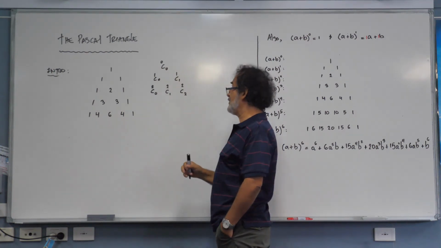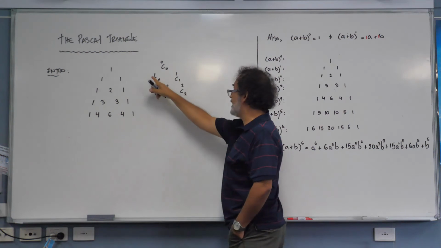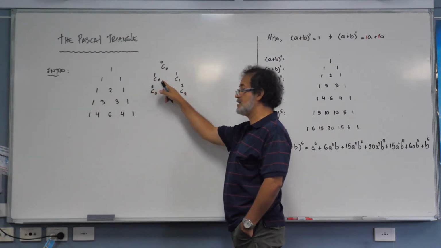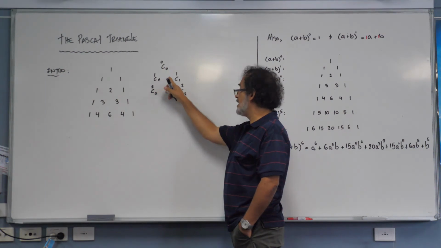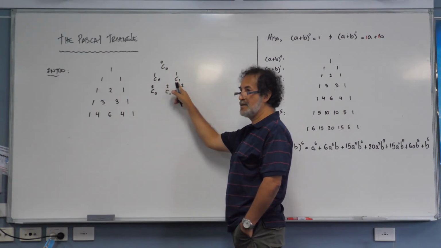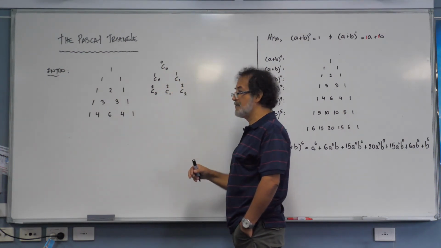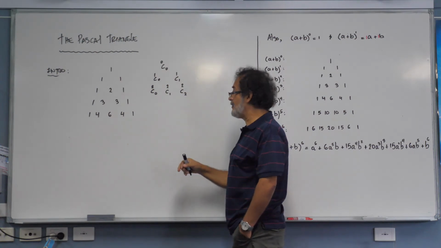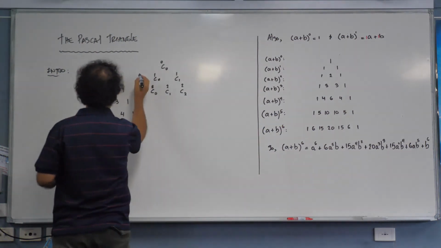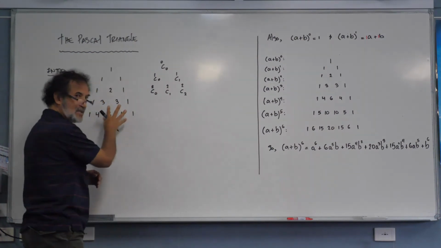It's 1. Now, can you please find 1C0? 1. And then 1C1. It's 1. So I want you to see the relationship between this and this, and I want you to observe this number.